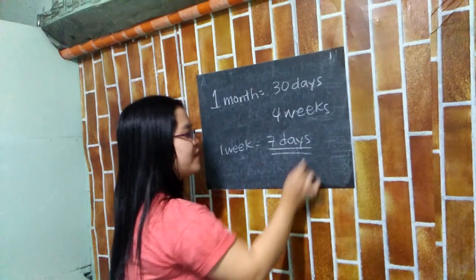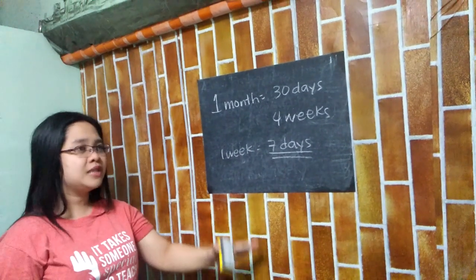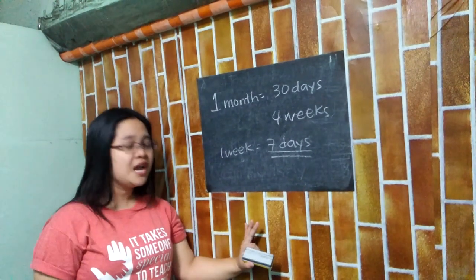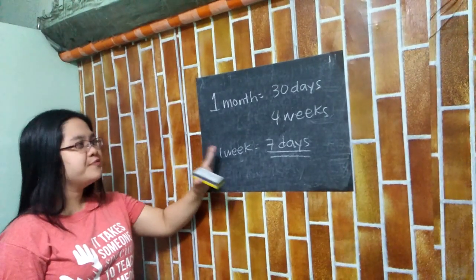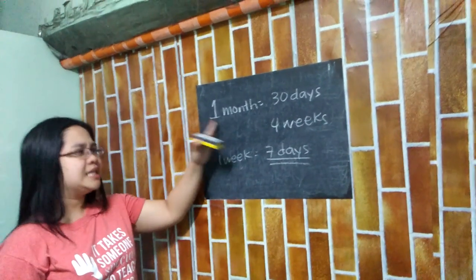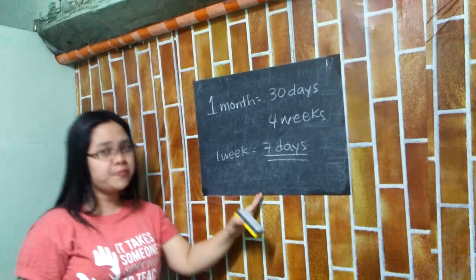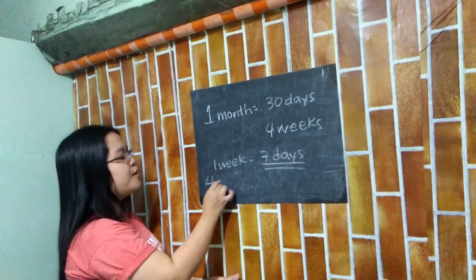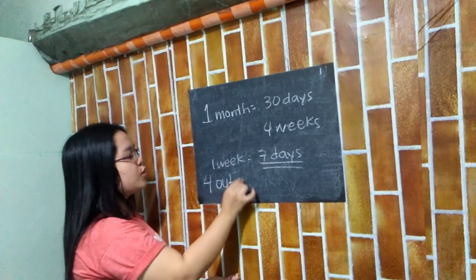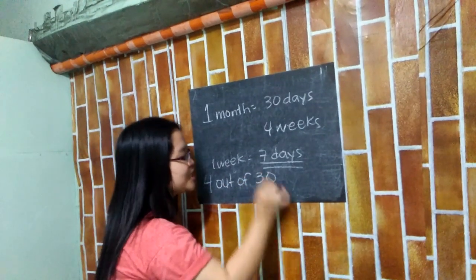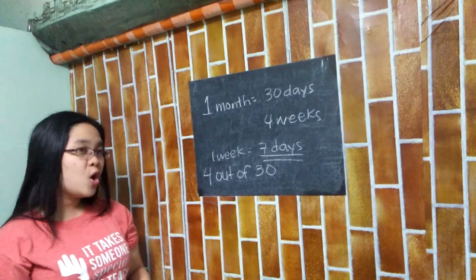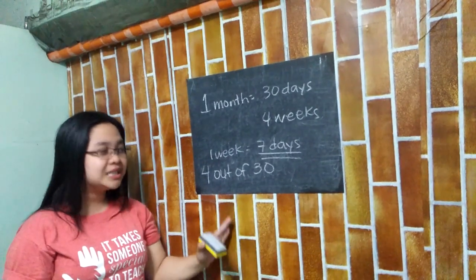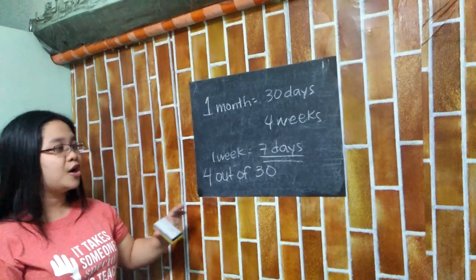So on these 7 days, how many times will Monday appear? Only 1. So for every week, on each month, how many times will I go shopping? Okay, it's 4. So we have here 4 out of 30 chances that I will go shopping every Monday on a particular month.